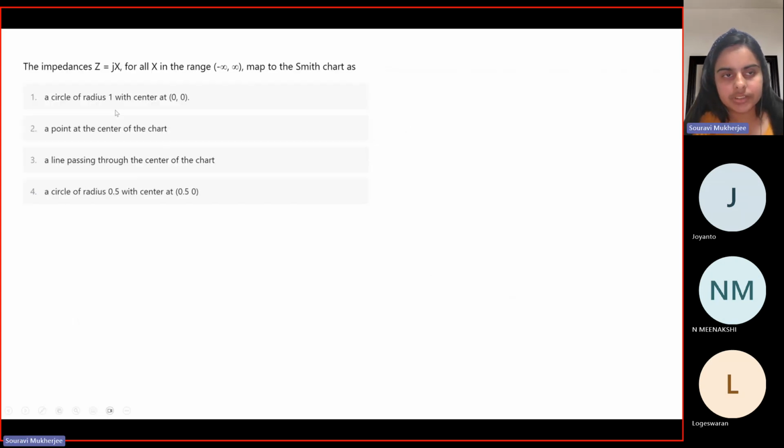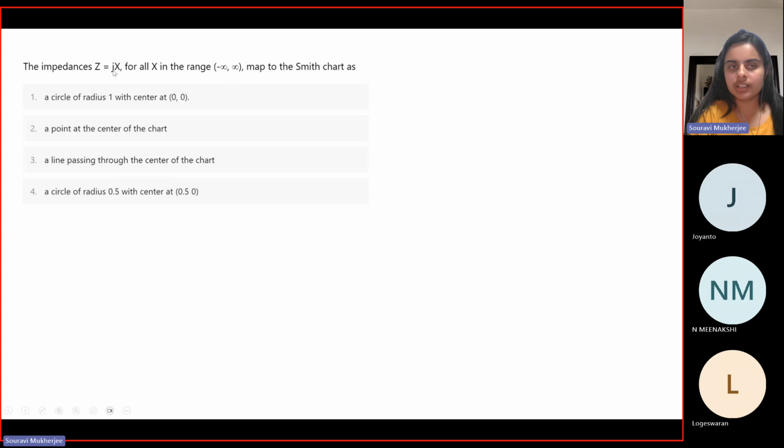Okay. Now this is another question which says that the impedance is Z equal to Jx for all x in the range minus infinity to infinity. How do they map to the Smith chart? And these are the different options. So how do we answer this question? As you can see, the impedance does not have any resistance part, any real part.